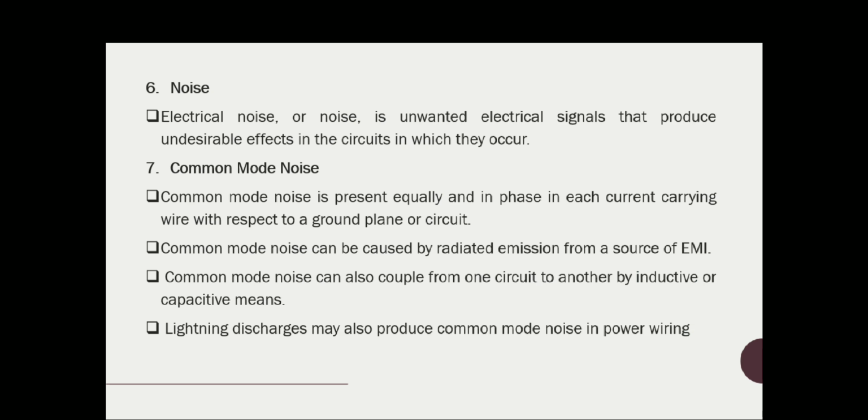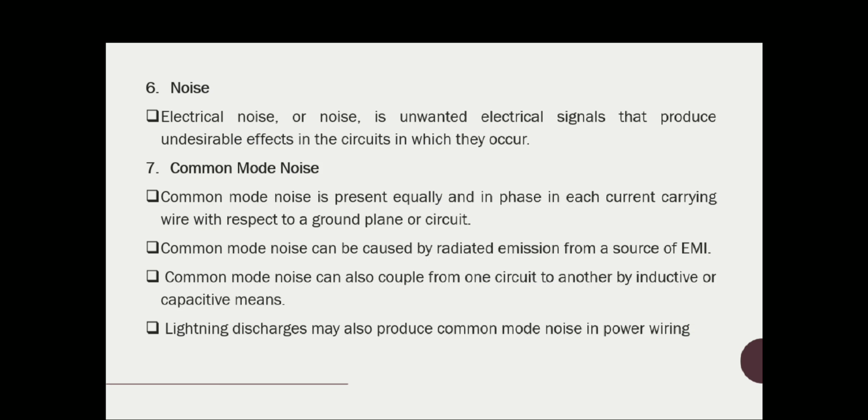Then noise. Electrical noise, or simply noise, is unwanted electrical signal that produces undesirable effects in the circuit in which it occurs. Then you can move on to common mode noise. Common mode noise is present equally and in phase in each current carrying wire with respect to a ground plane or circuit.